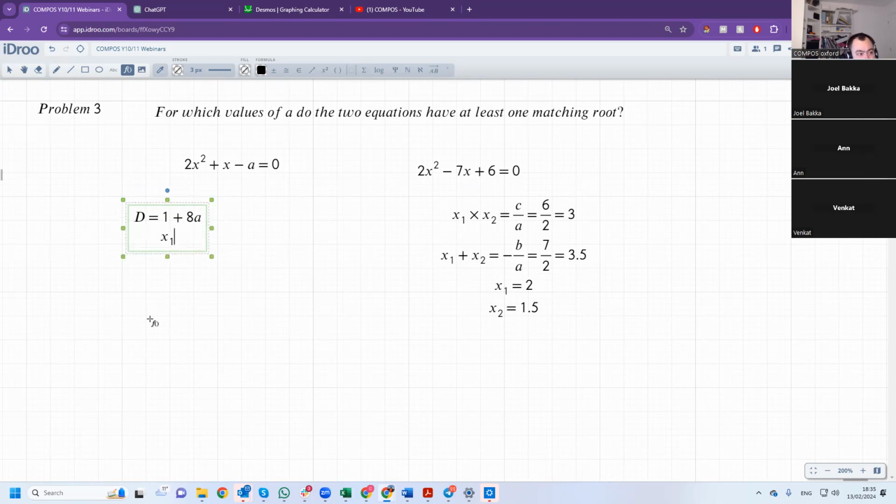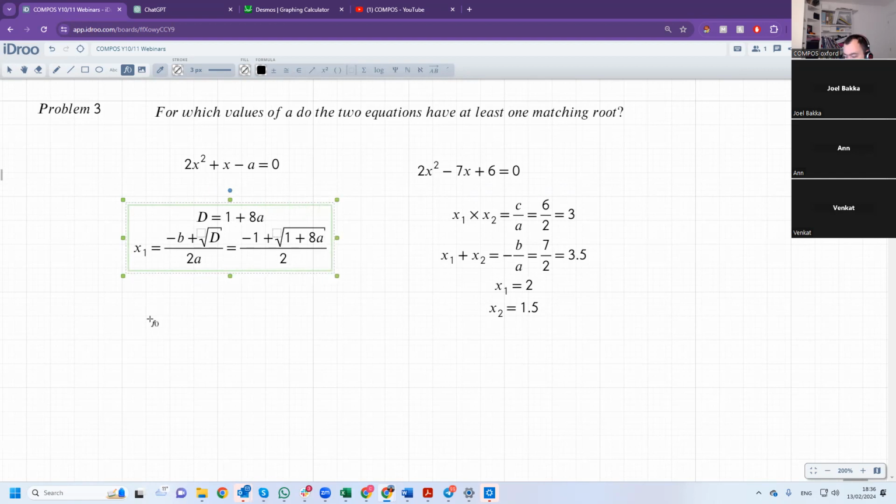Okay, so x1 is minus b plus square root d over 2a, and that is minus 1 plus square root of 1 plus 8a divided by 4.